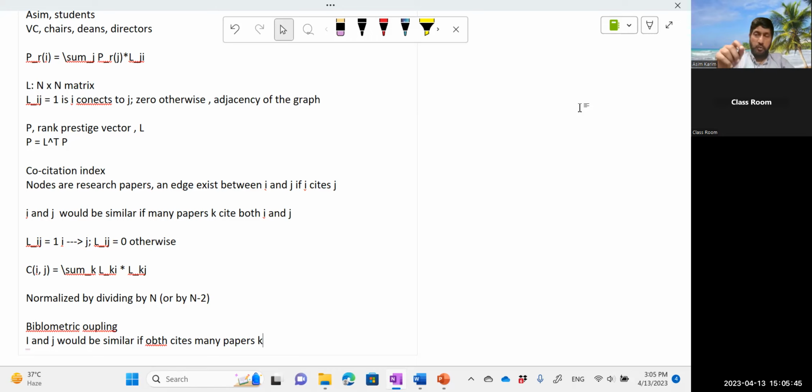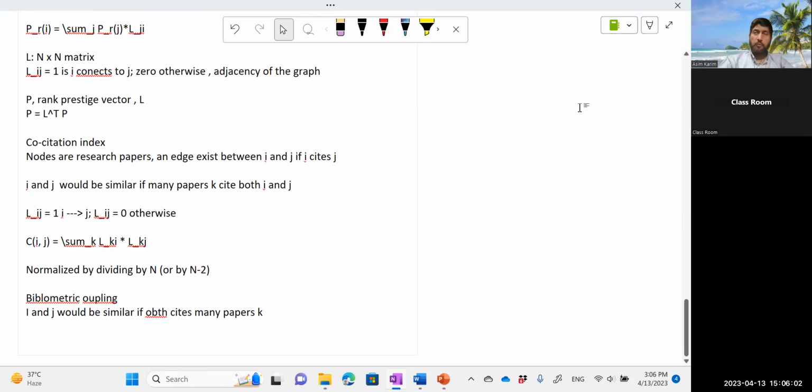So the example here, of course, is from bibliometrics, but as I said, this applies to other networks as well, social networks maybe, computer networks maybe, and so on. So that's why we are using that terminology. तो इसमें फिर of course जो bibliometric index होगा for i and j is now again a similar equation, sum for all k, but now the terms are slightly different.